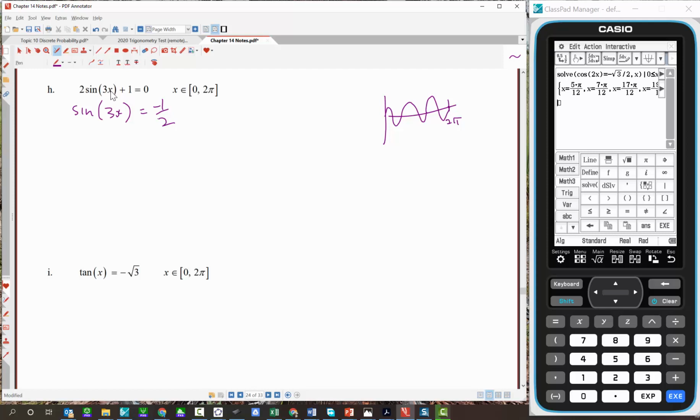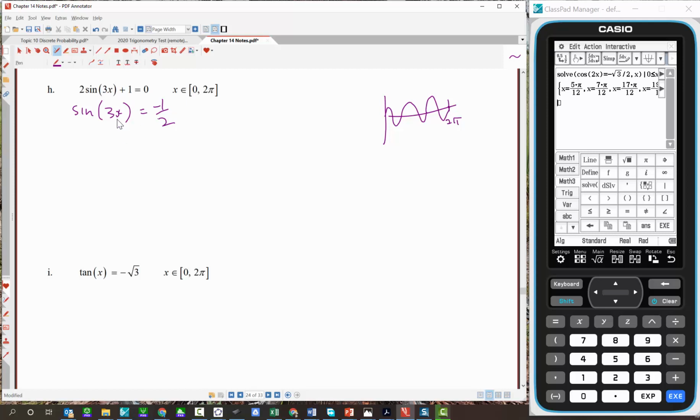So 1/3 will mean 3 repetitions of the sine function from 0 to 2 pi. If that's a 4, then we'll get 4 repetitions, 5 repetitions over 0 to 2 pi, because that'll be dilation 1/5.